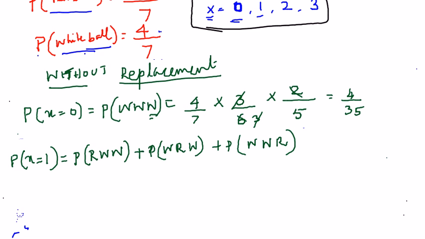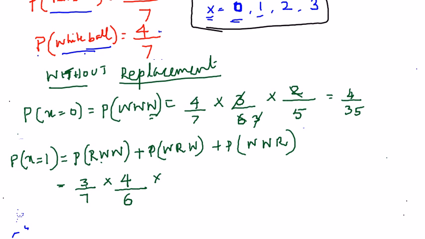So when we write this, it's going to be 3 by 7 into the probability of getting one white ball, which is 4 by 7, right? I need not reduce this here because I have not yet taken a white ball. So the first time I am taking a white ball, it becomes 4 by, however, I have taken off one ball from inside, so it becomes 4 by 6.